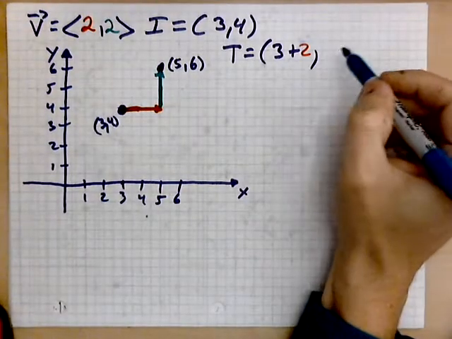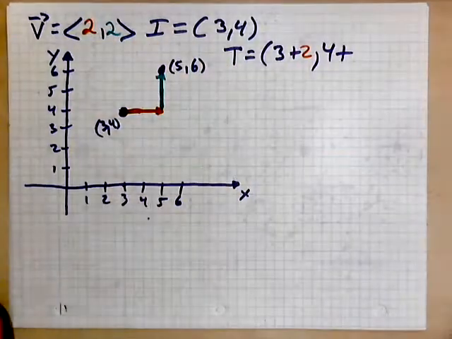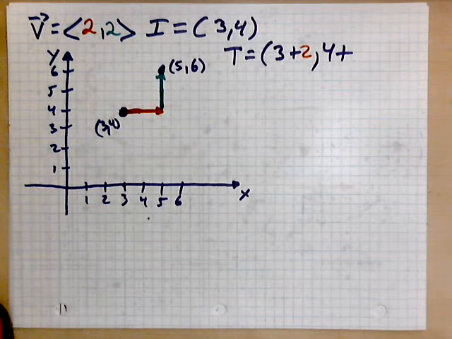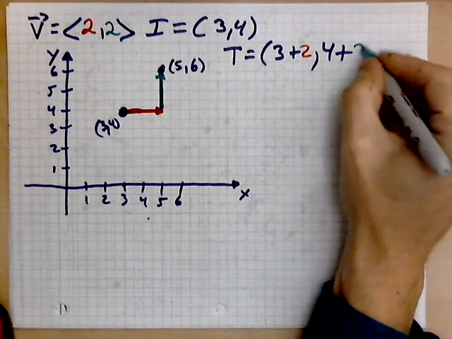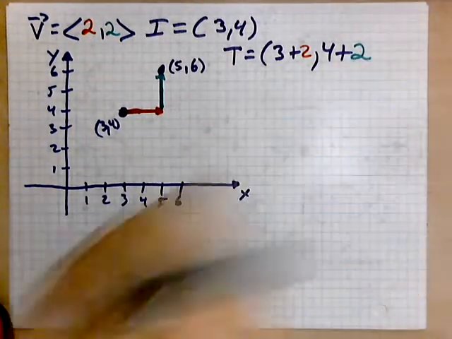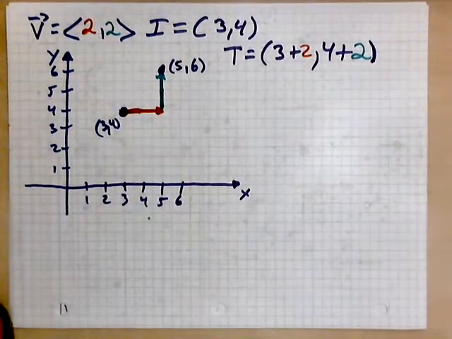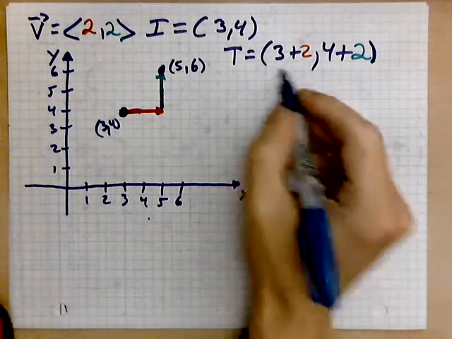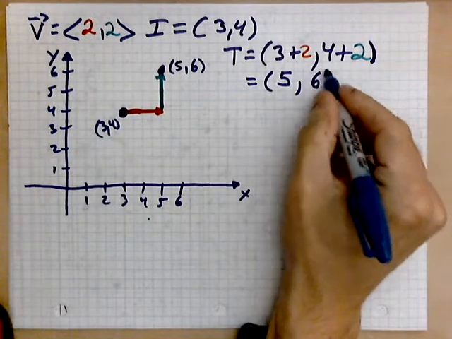And then take the 4 from the initial point and add to it the bluish 2 over here, depending on how you see it on the camera. So the terminal point is then simply 5, 6.